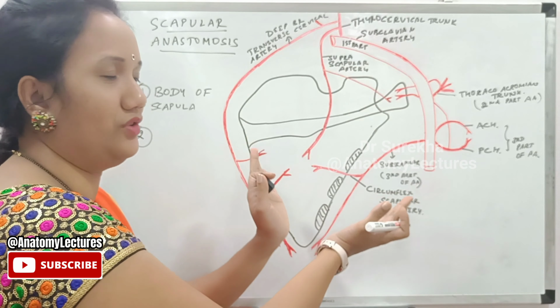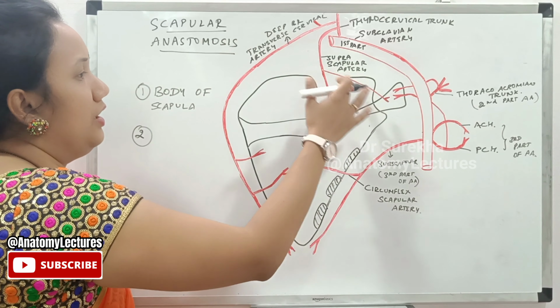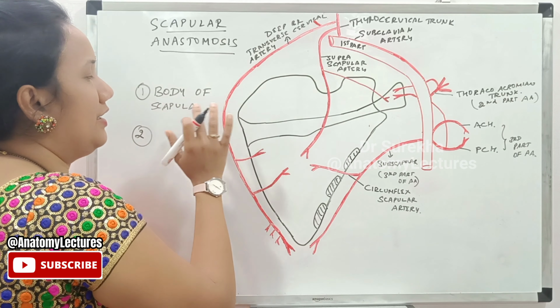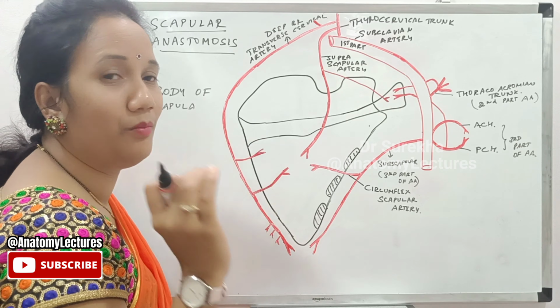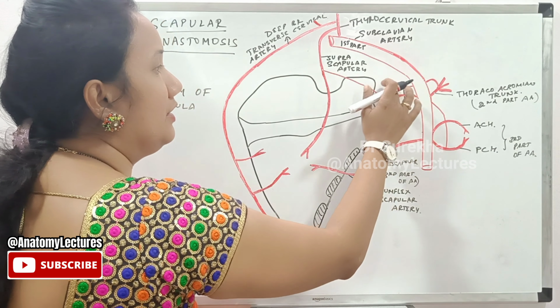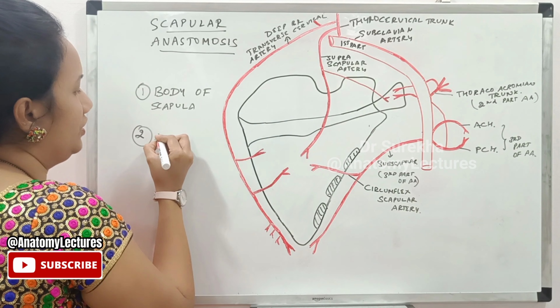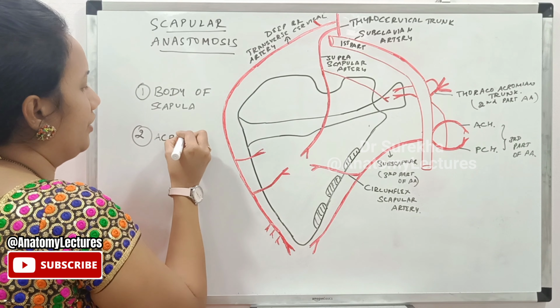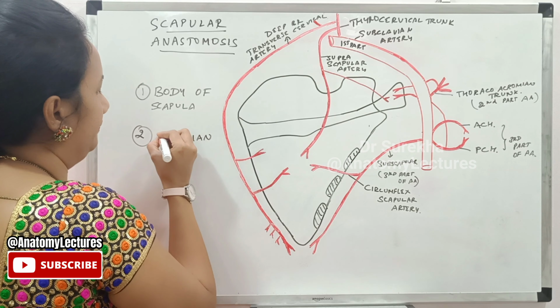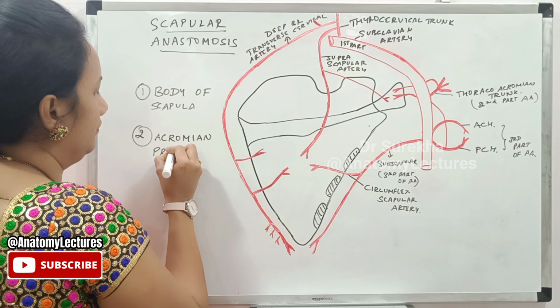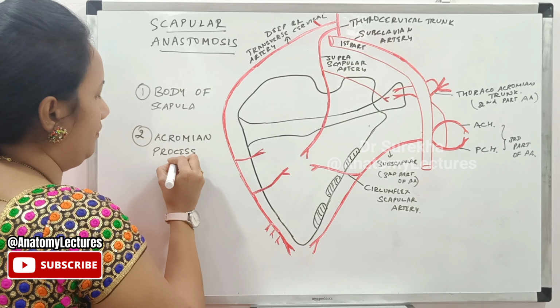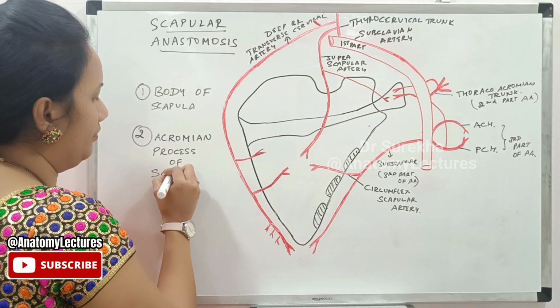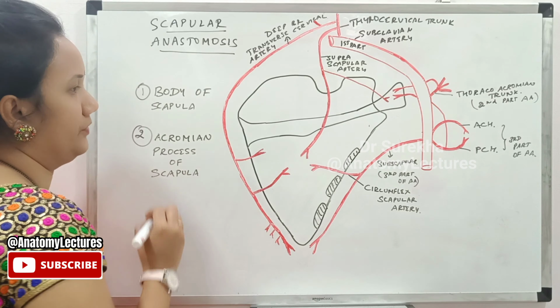The one we are seeing here is the posterior aspect. Okay. So there is one anastomosis which is present at the body of the scapula, and you see one more anastomosis which is present over the acromion process of scapula.